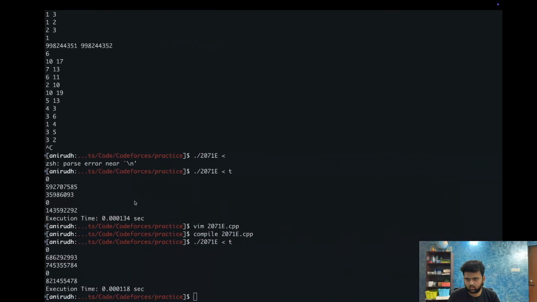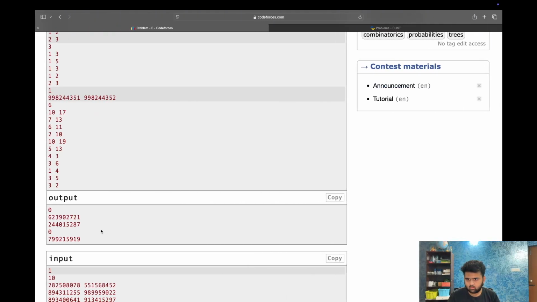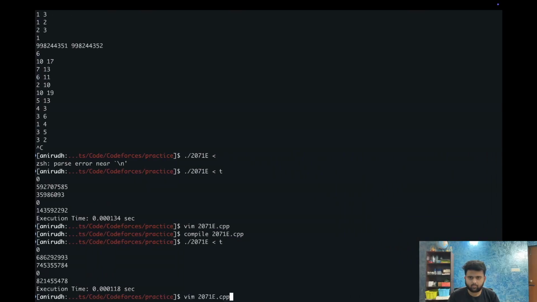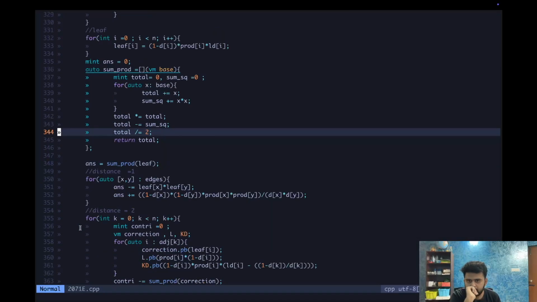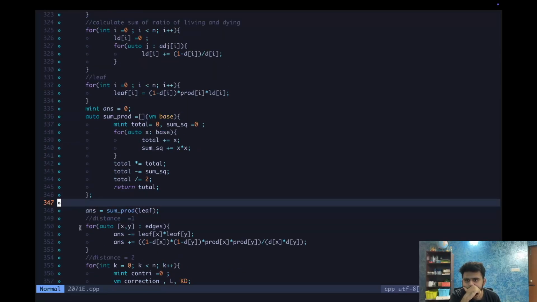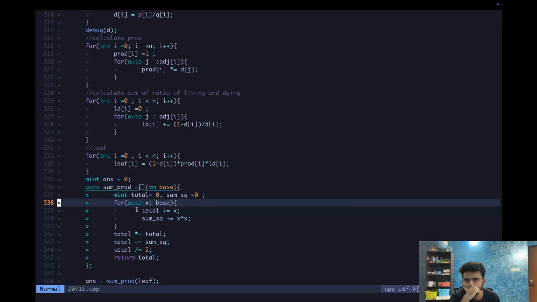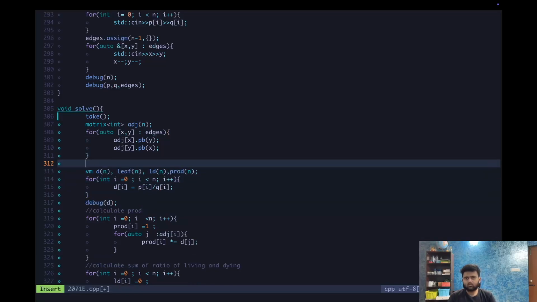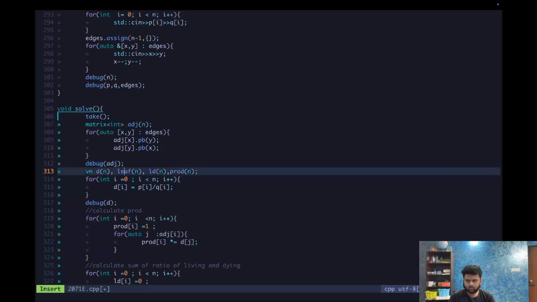Is this right? Nope, it's still wrong. I wonder why. Okay, so this is correct. Let me just make sure the adjacency list is correct.